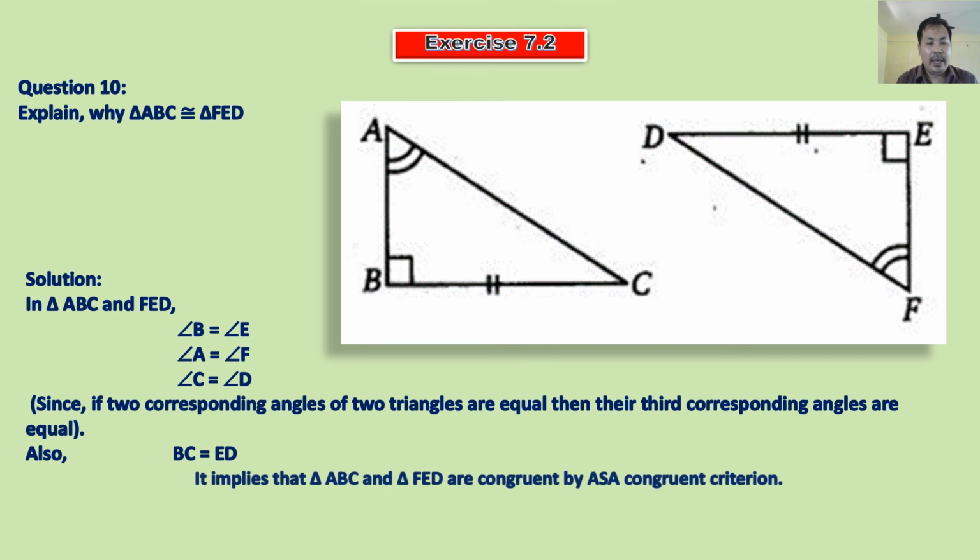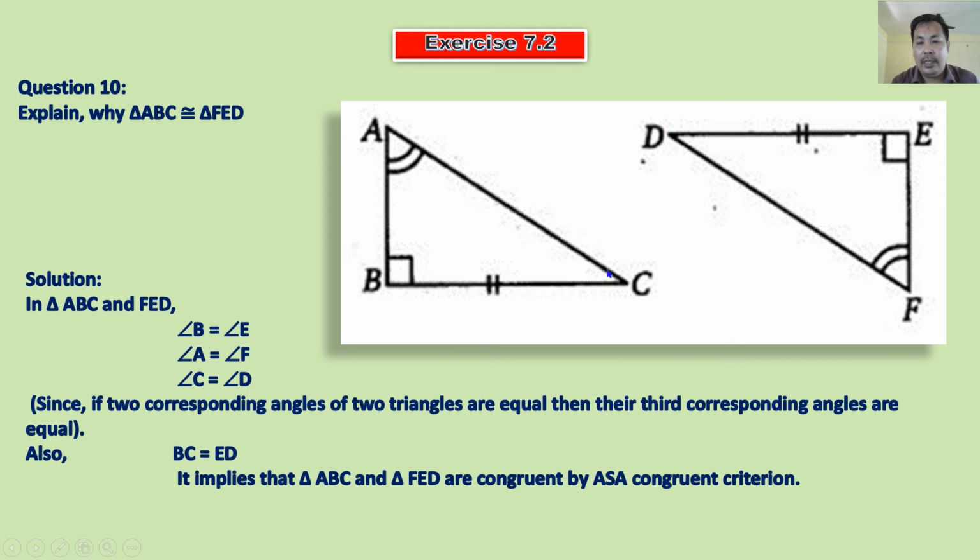Finally, it implies that triangle ABC and triangle DEF are congruent by the angle side angle, ASA, congruence criterion.